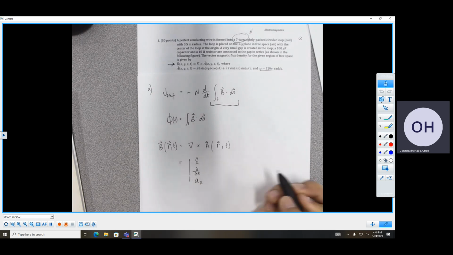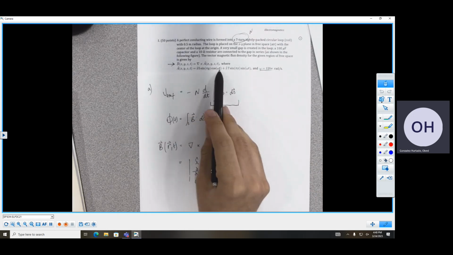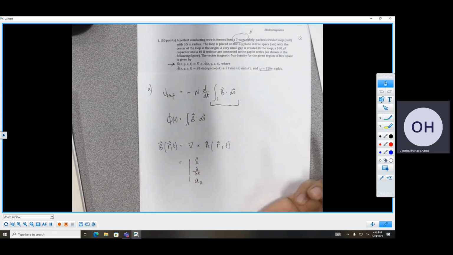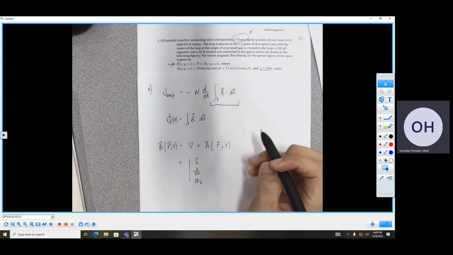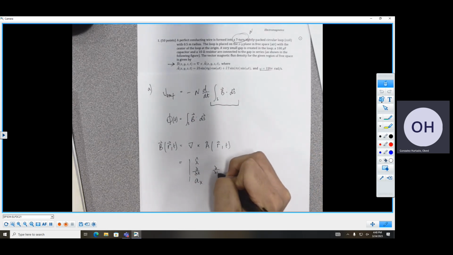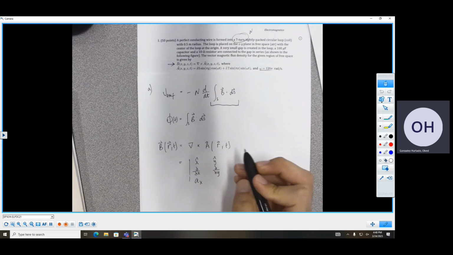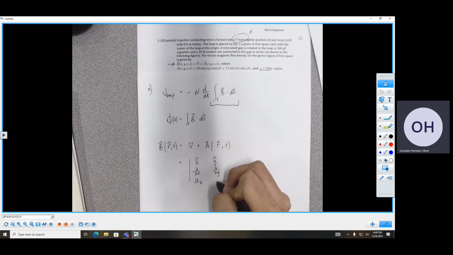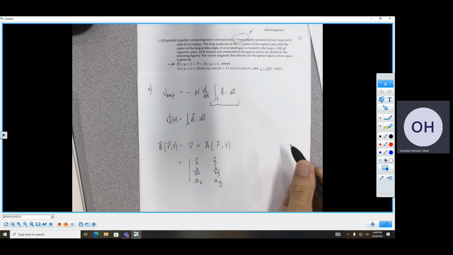I'll just write AX. Yeah, that's good, because I'm not writing all of that. I didn't put space for it. So I hope you are able to do this pretty quickly.